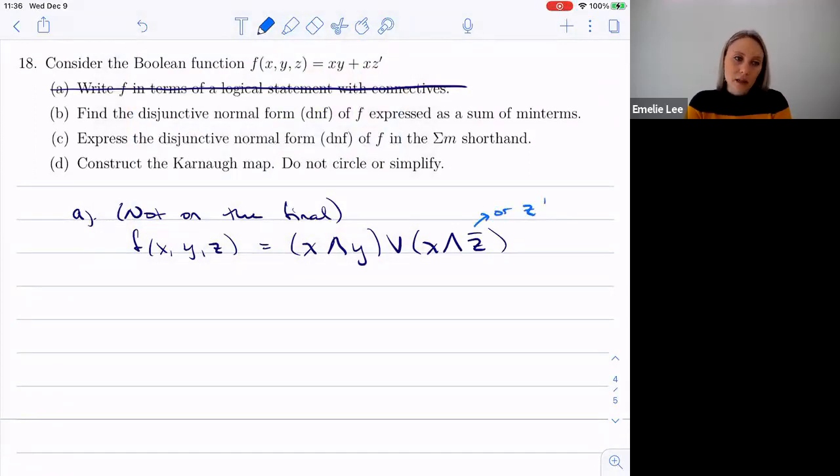Those mean the same thing. Okay, so we didn't talk about that, but just remembering that multiplication is and, adding is or, you can easily do that question.